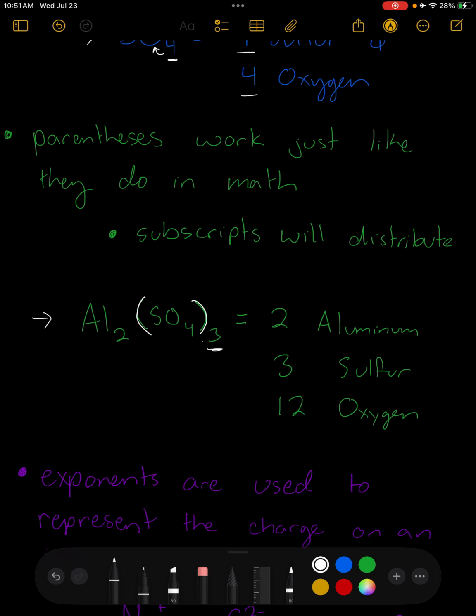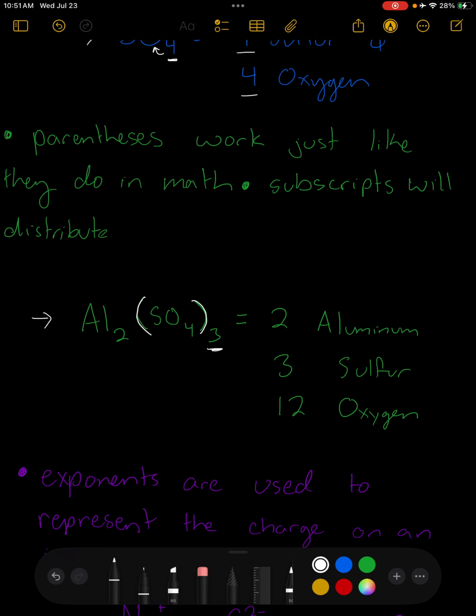So that 3 is going to distribute both to the oxygen and also to the sulfur. And when that thing distributes, it's going to multiply, just like you would see in math. If you had this, it would be 3x plus 9 if you distributed that 3.